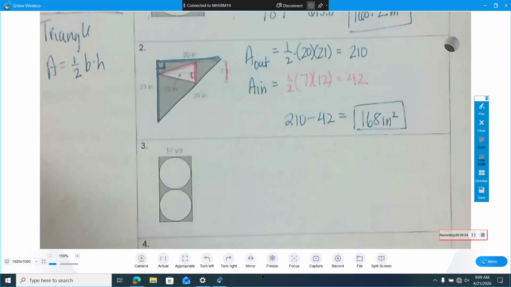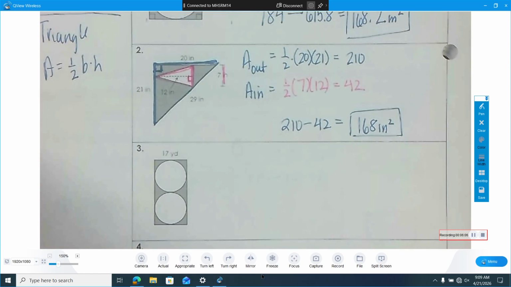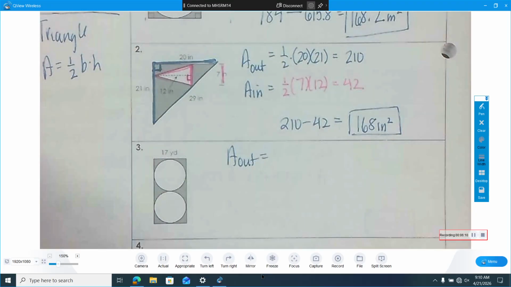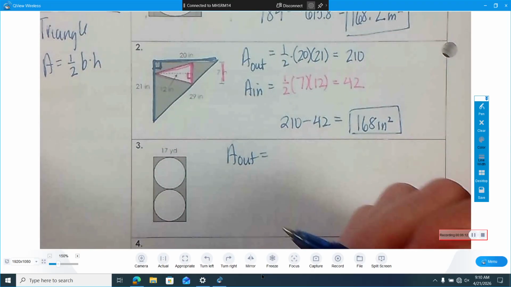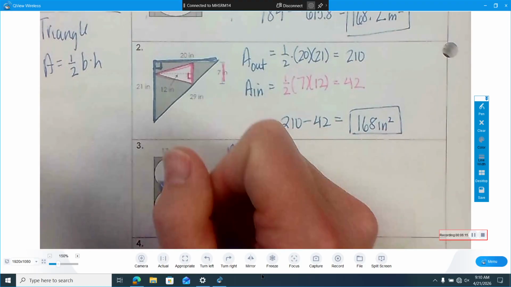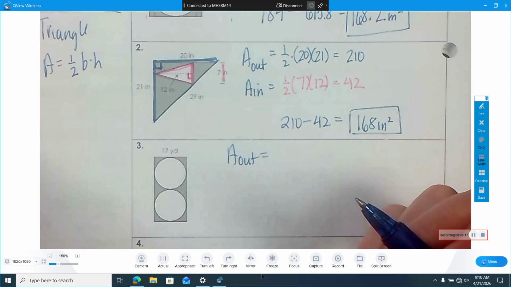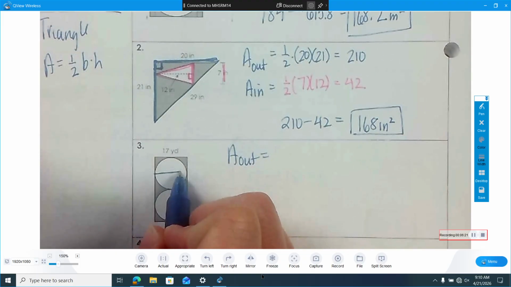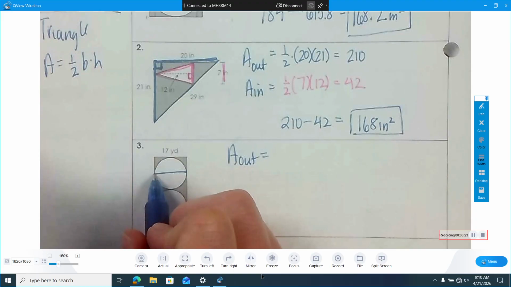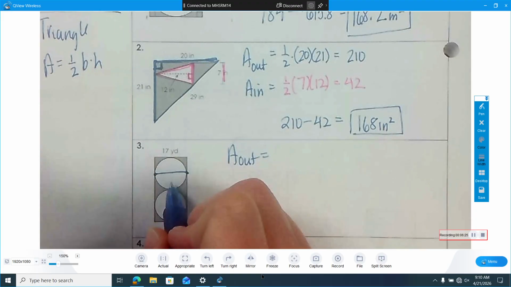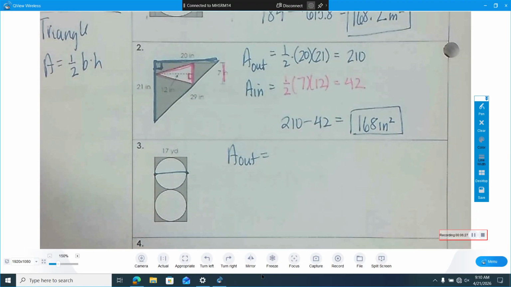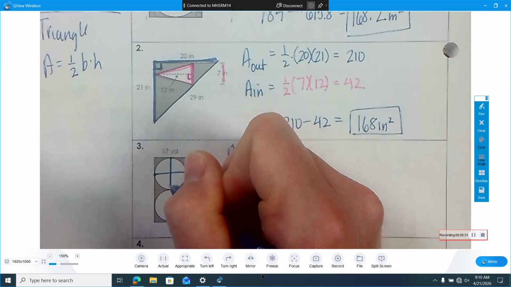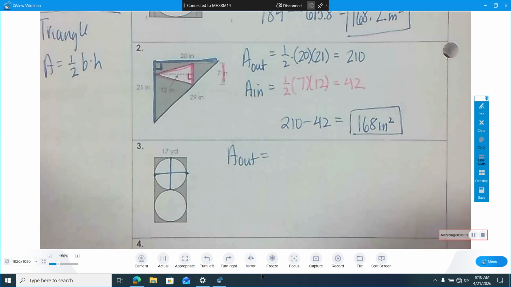Let's see. Number 3. What's the area of the outside? How did you get 34? There's 2 circles and 17. By 17 square. Okay, so we know that from side to side here, it's 17. Well, in a circle, that's true in the other direction as well. It also has to be 17.